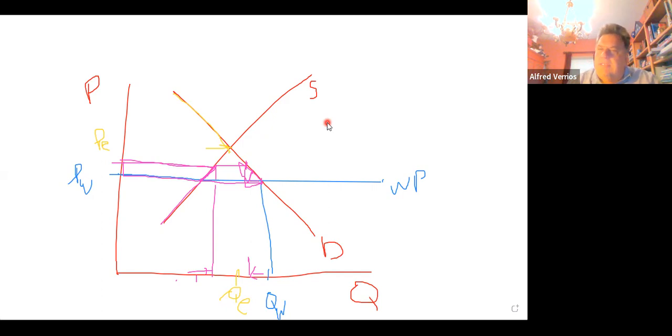Is that important? Yes, it is important. Why? Because through this increasing or decreasing of the world price, we could actually have the destruction of an industry. We have a world price that's way down here, right? So in other words, we have zero local production, right? What could happen? Oh, that's the phenomenon of dumping. I think that's in the next topic.